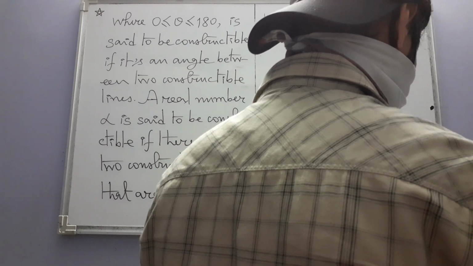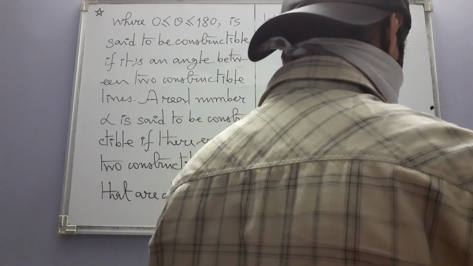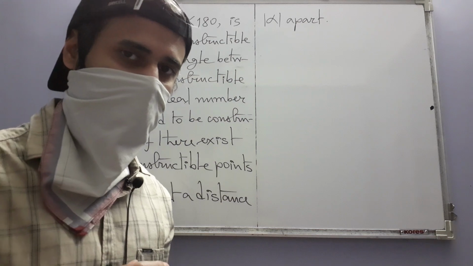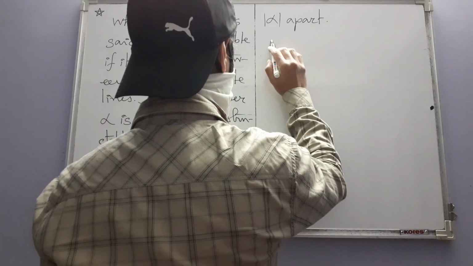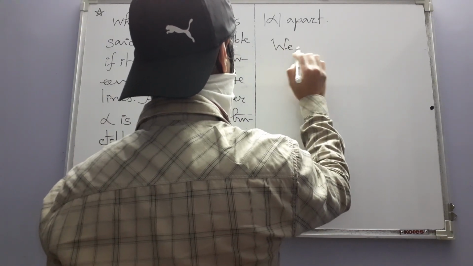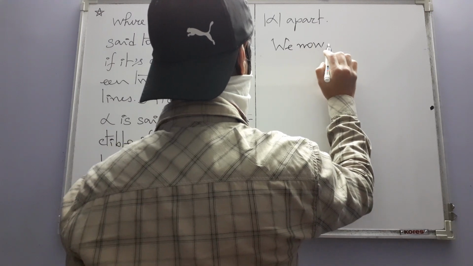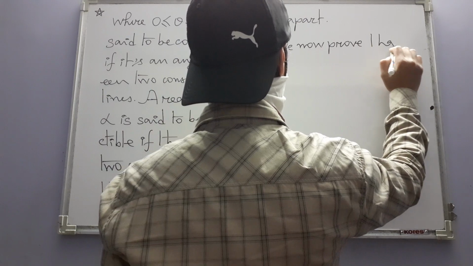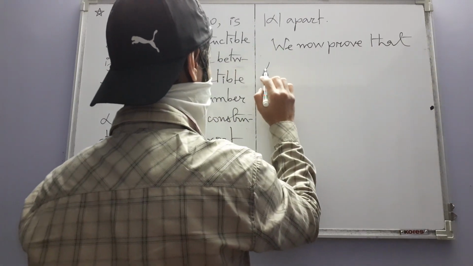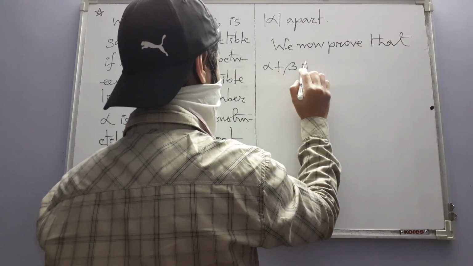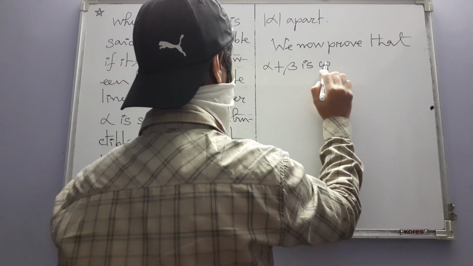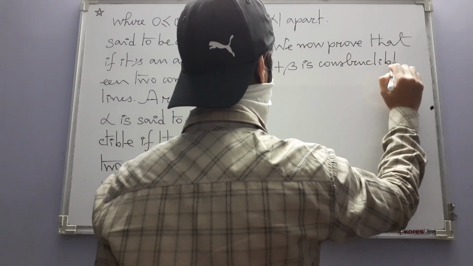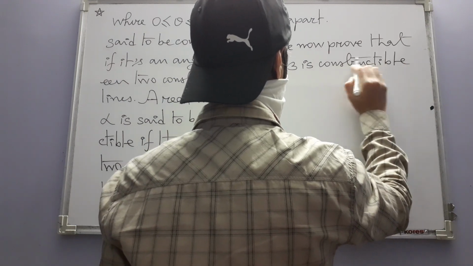So the first thing we are going to prove is that the sum of alpha and beta is constructible. We now prove that alpha plus beta is constructible.